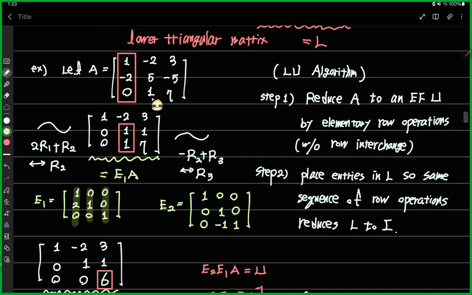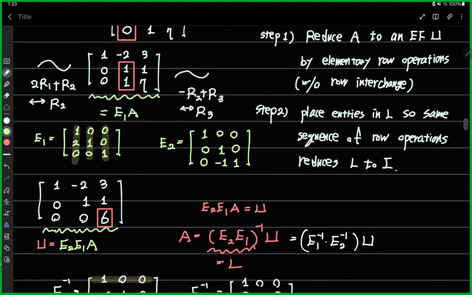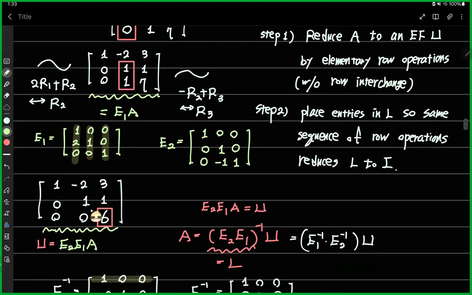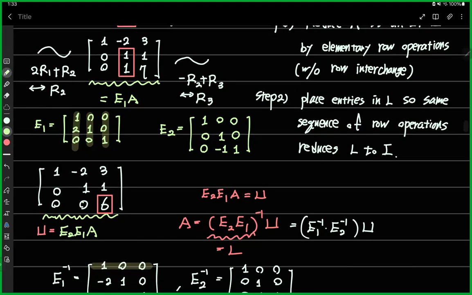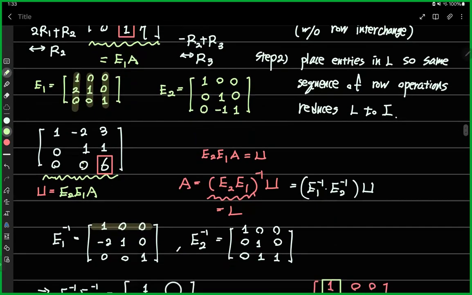This is row equivalent to that by applying that replacement. So E1 is going to be this. And then E2, we also apply that row operation replacement, because we have to make it 0 in this entry. So E2 is going to be this. Okay. So finally we got the echelon form. That should be matrix U, which is the upper triangular matrix. And then how about L, the lower triangular matrix?